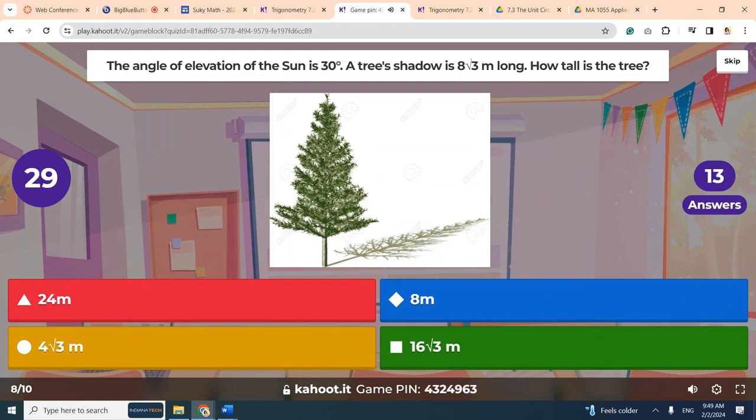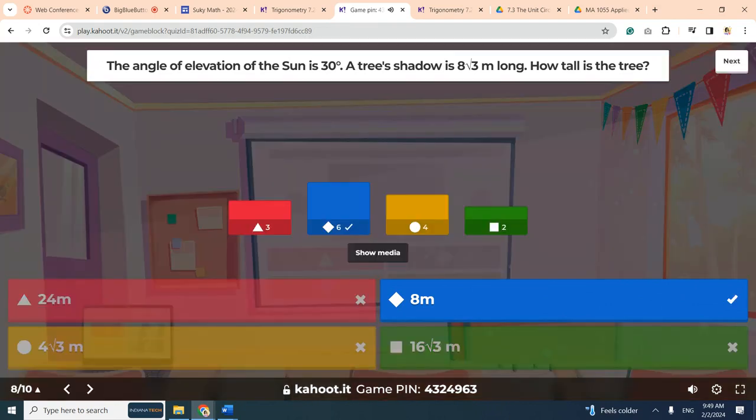Yes, it's 8 meters. Right? This is 8 square root of 3, then this is 8. How about this? 16. Yes. Good.